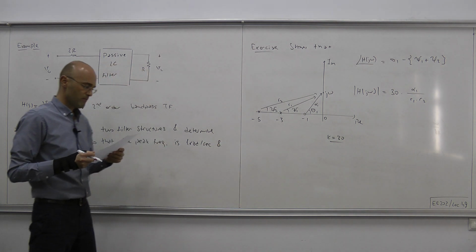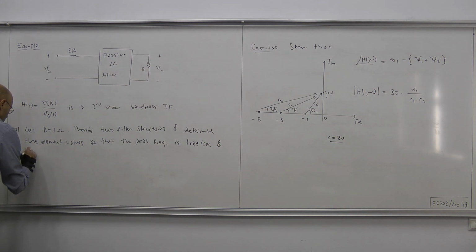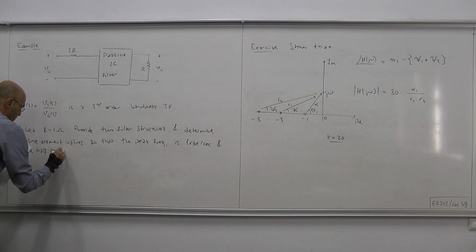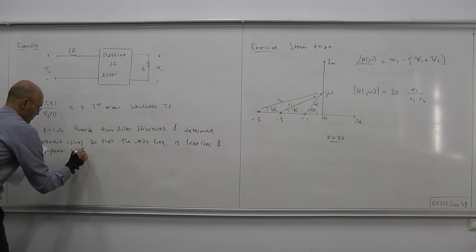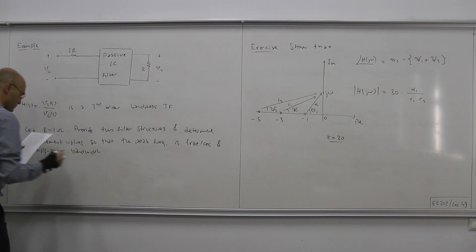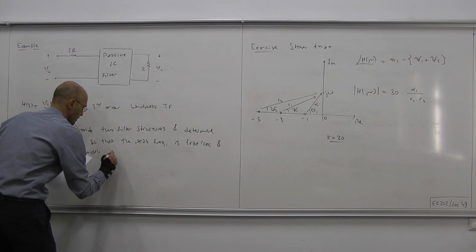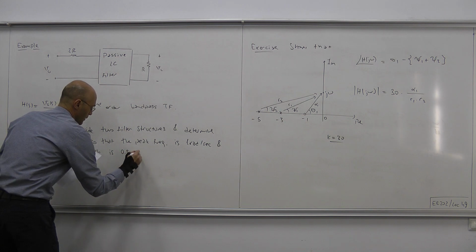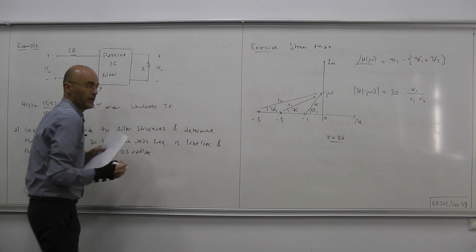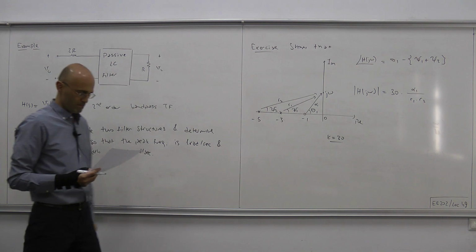Furthermore, the half power bandwidth is 1/2 radians per second.